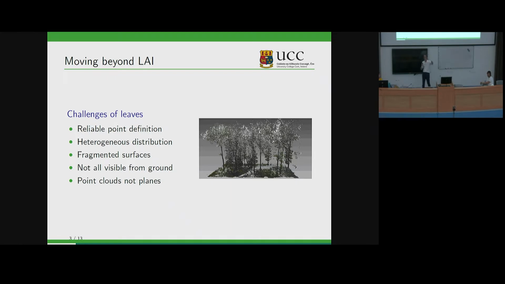You have large gaps, and then you've got clusters of leaves. They're a highly fragmented surface. You've got lots of edges, lots of blockages of leaf layers, which means you can't see them all from the ground. And the real challenge is that we're collecting point clouds, and leaves are planar surfaces. So at some stage, you've got to find a way to turn this large web of points you've created into planes.